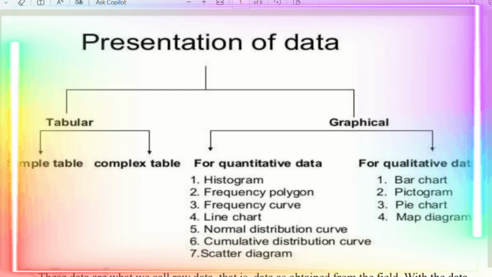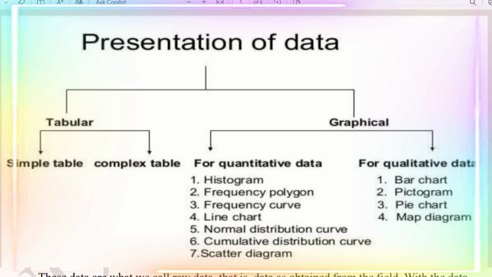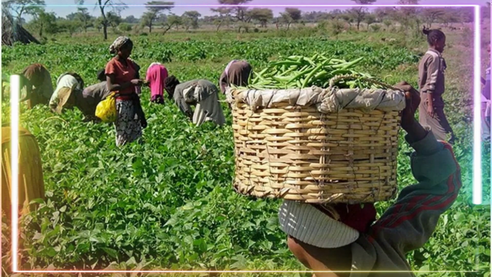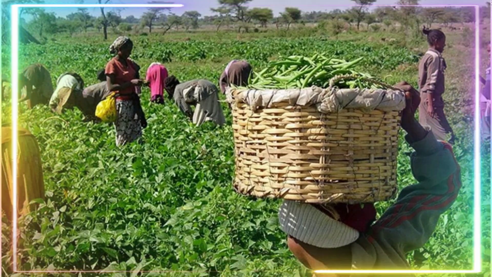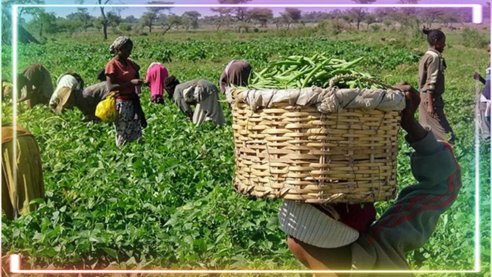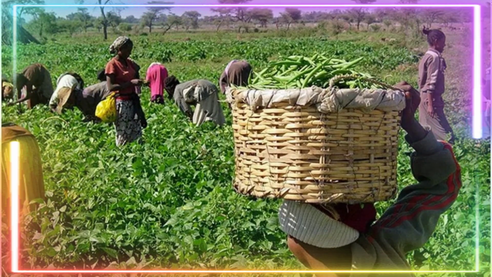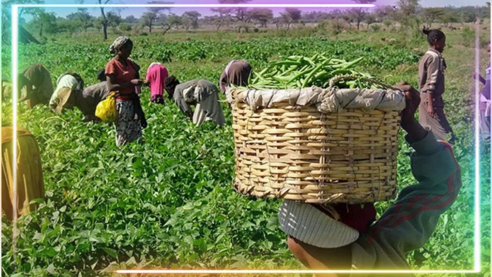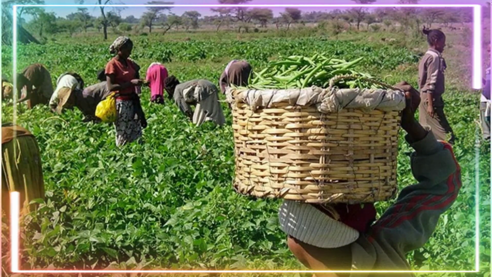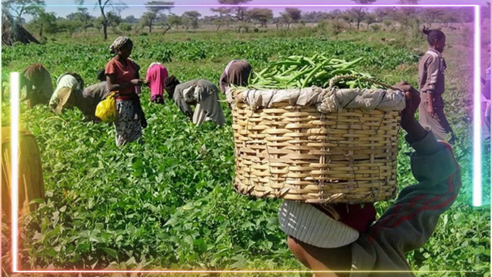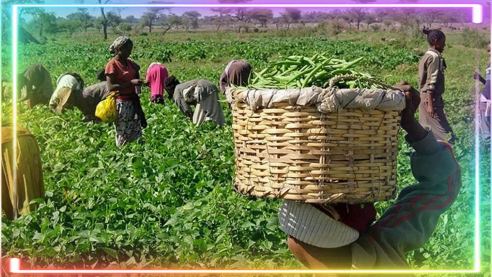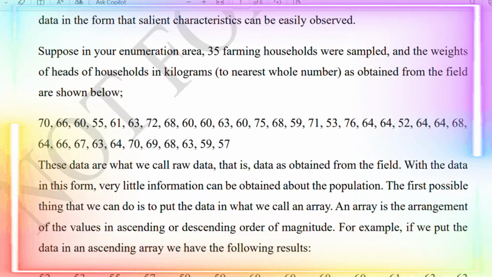Now let's see, for example, suppose in your enumeration area here, 35 farming households were sampled, and the weight of heads of the household in kilogram to the nearest whole number as obtained from the field is as shown in the figure presented in the course material.